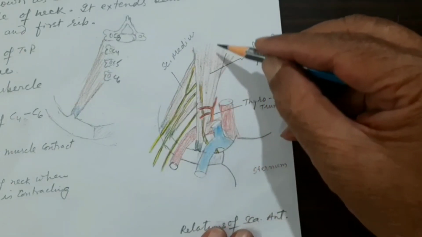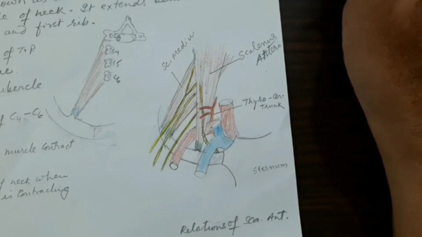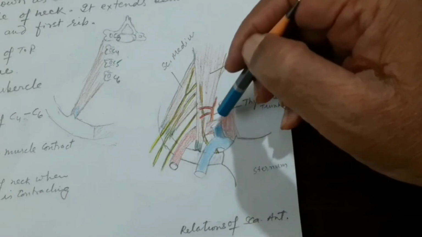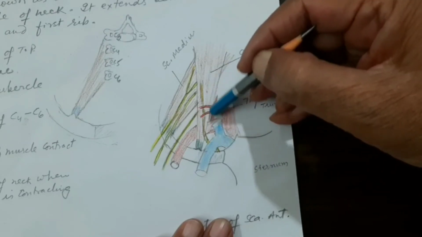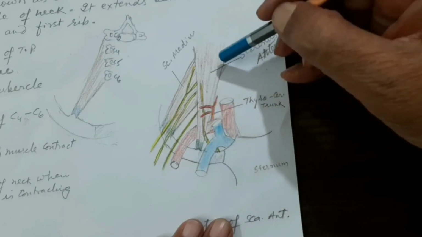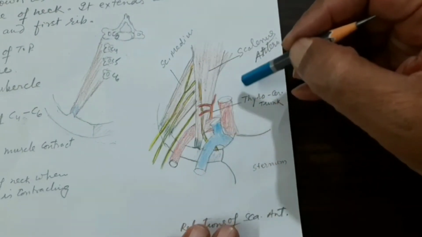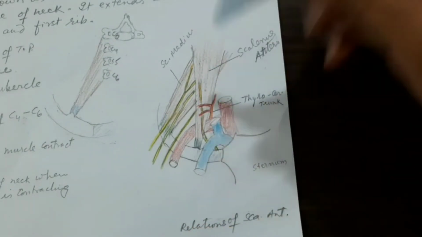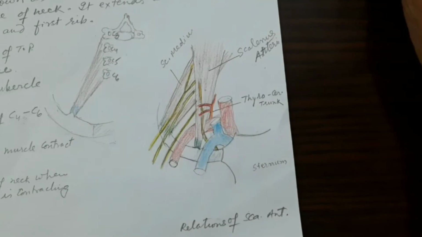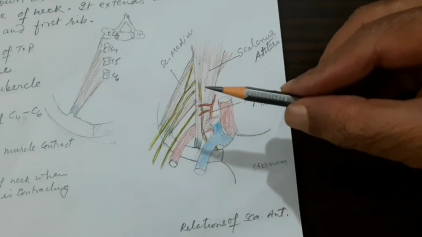The part of the carotid sheath containing the internal jugular vein is laterally placed, and the common carotid is medially placed. So the internal jugular vein within the carotid sheath will lie anterior to the Scalenus anterior muscle.